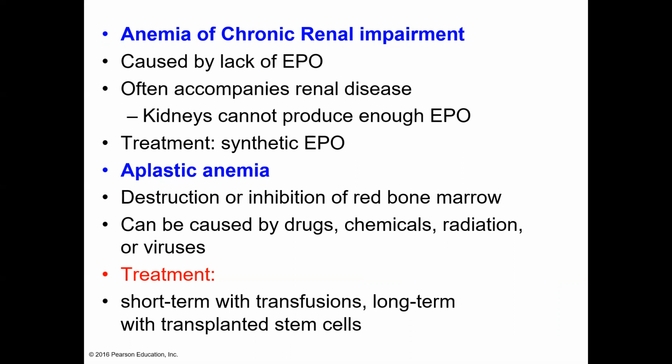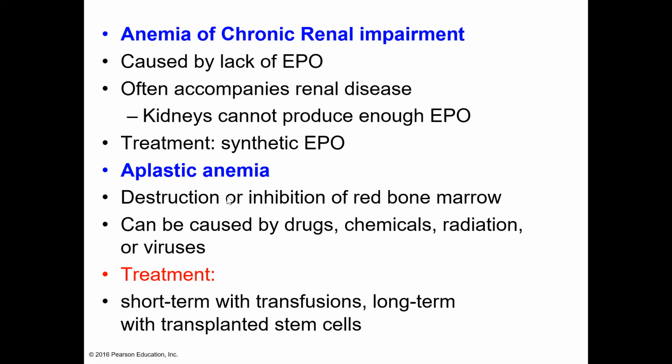So patients with kidney impairment, or what we call chronic renal failure, their kidneys are destroyed enough that they're not able to produce this hormone. So they start to develop this type of anemia that is only responsive to the injections of erythropoietin. It comes in a form known as EPO, and it's given every time they go to the dialysis.